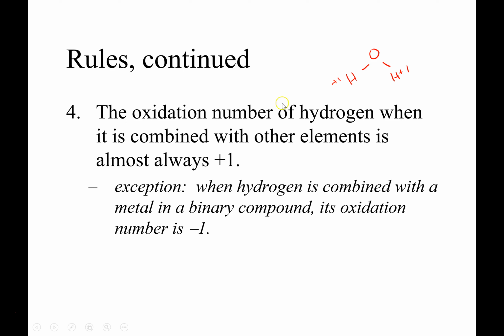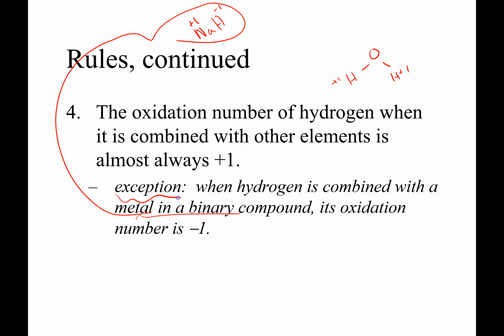Metal hydride: sodium, metal. Actually, the name of that is sodium hydride. In this case, it's a -1. We don't do much with metal hydrides. That's the exception, and this is more the rule.